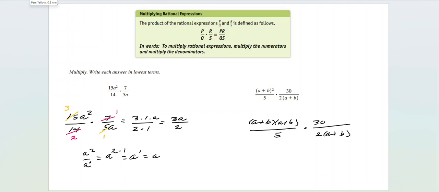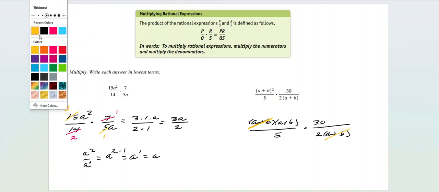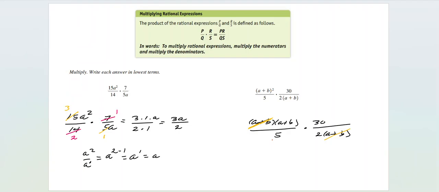So you have two factors (a plus b) at the numerator of the first rational expression. You will simplify one of the factors (a plus b) with the factor (a plus b) you have below. And then we're going to simplify the 30 and the 5 because they are both divisible by 5. So 5 divided by 5 would be 1, and 30 divided by 5 would be 6.